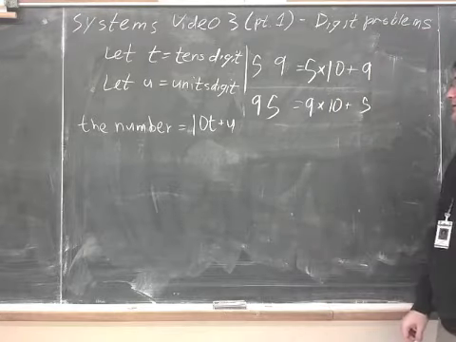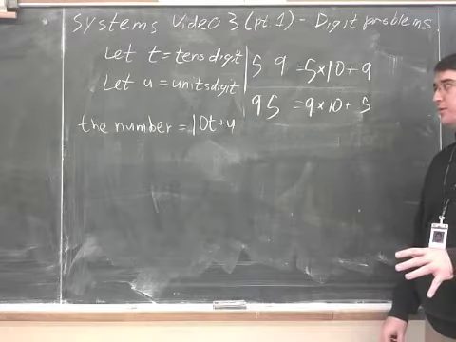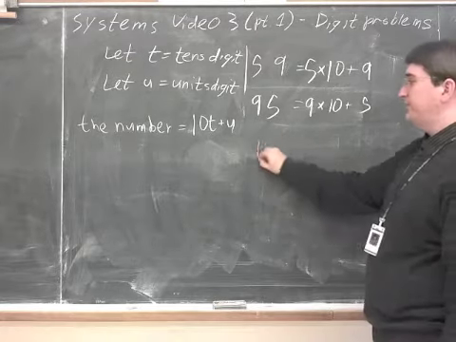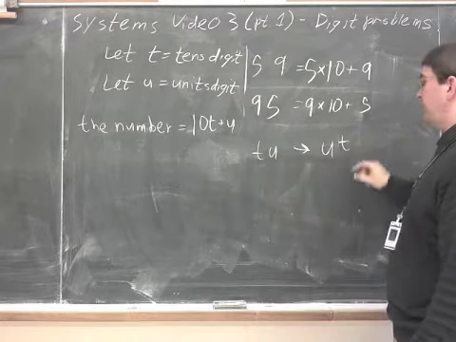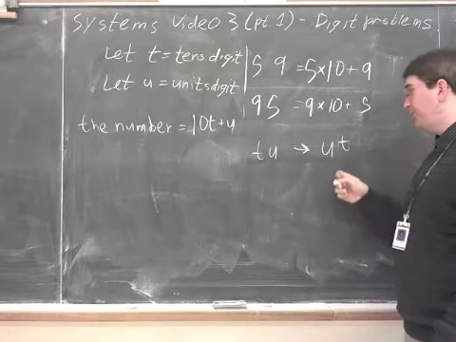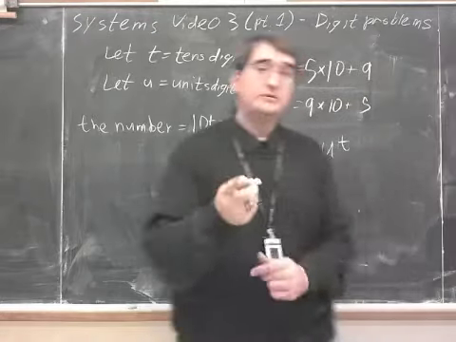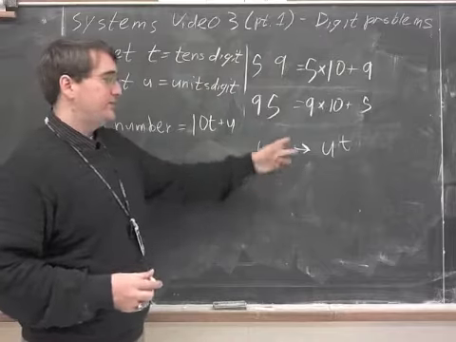Now you may have an idea of how this is going to end up working, and hopefully you do. If you do, then great. But keep in mind, we had tu, which is now becoming ut. So what was the units digit is now the tens digit. What was the tens digit is now in the units digit's spot. They've swapped orders.